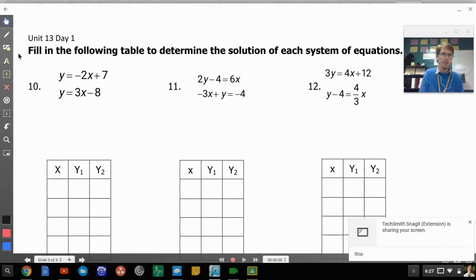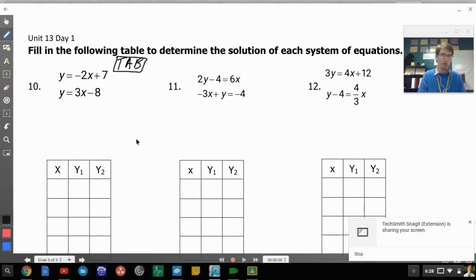If I type these in my calculator, I have y equals negative 2x plus 7, and I'm going to hit tab to graph another one, and I type in y equals 3x minus 8. So you can graph two equations by using tab.